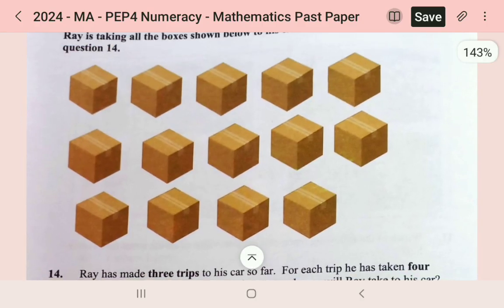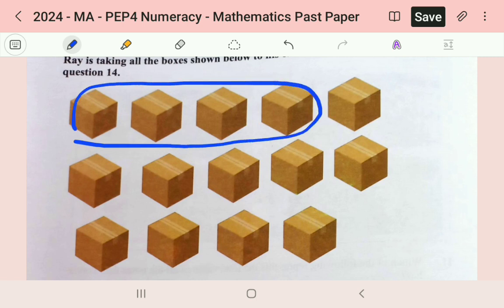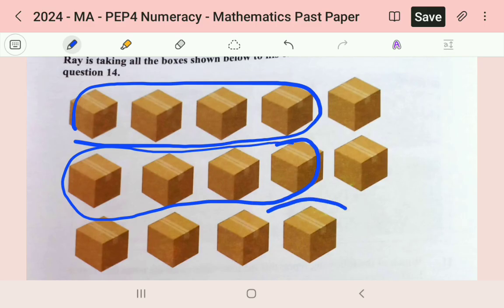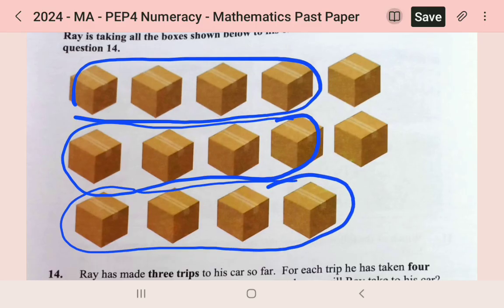So 3 trips and each trip has 4. So this is 1 trip because each has 4. Here goes another trip. Remember, you can put your 4s in any way. Here goes another trip. Alright, you can group your 4s, but each must have 4.